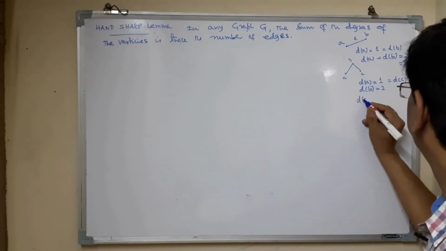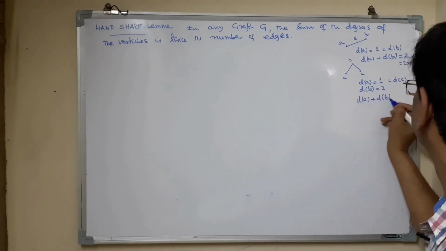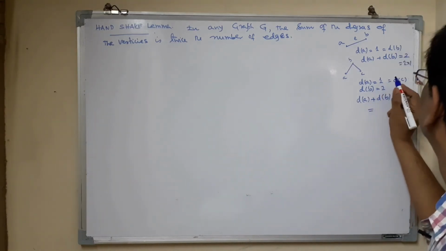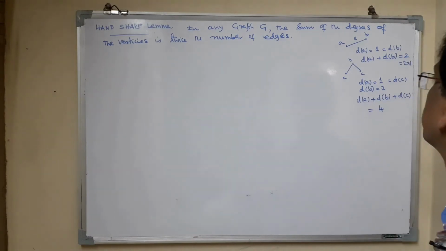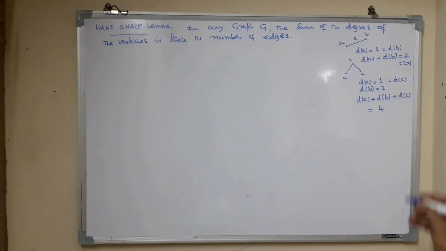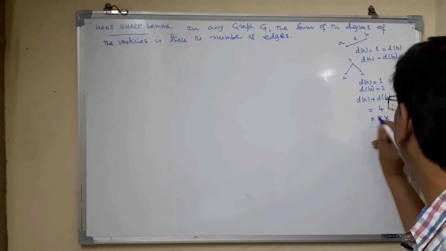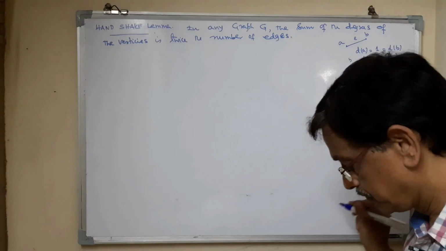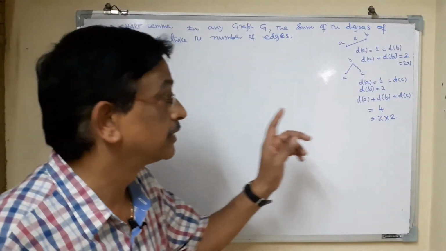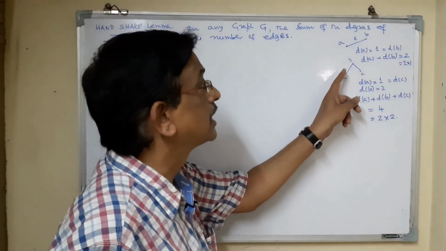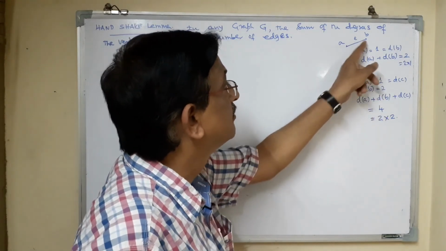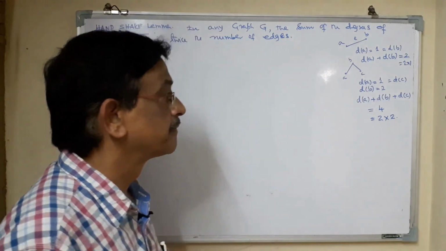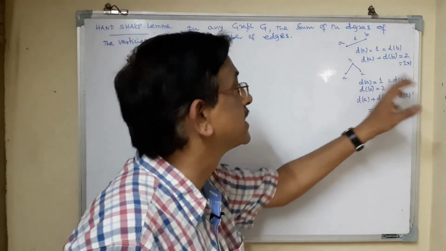So the degree of A plus B plus C is 2 plus 1 plus 1, which is 4, which is 2 times how many edges there are, 2. This is not a proof, remember. This is just a model which we are seeing: given any graph, if you calculate the sum of the degrees of the vertices, it is always twice the number of edges.